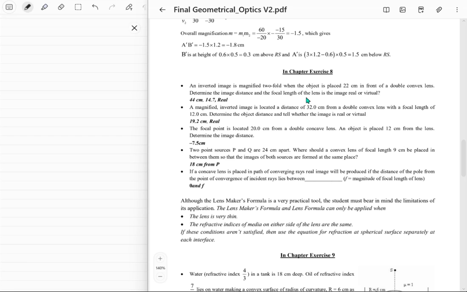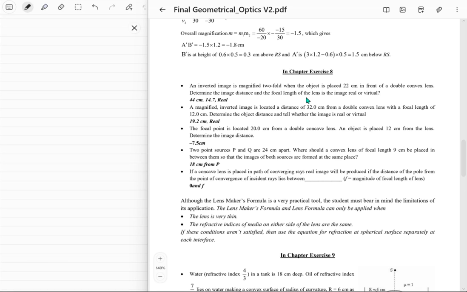Whatever. Fine. So first you have an inverted image that is magnified twofold when the object is placed 22 centimeters in front of a double convex lens. What's a double convex lens? Is it actually two convex lenses combined?